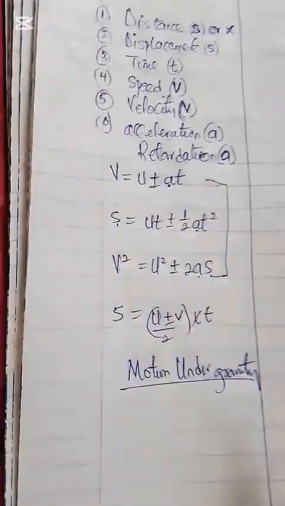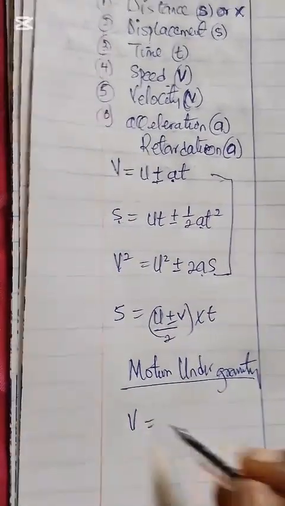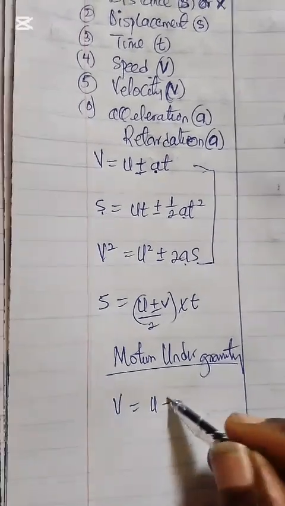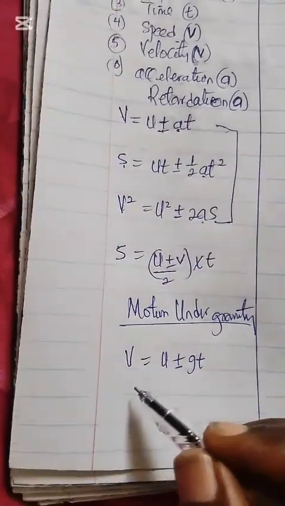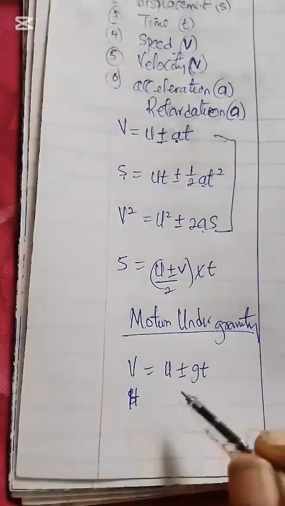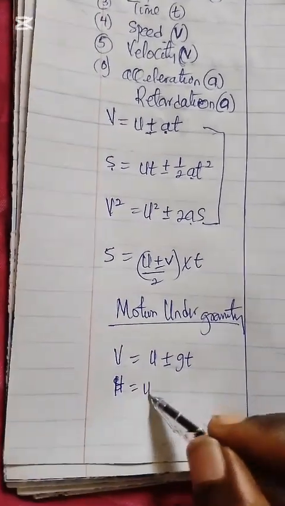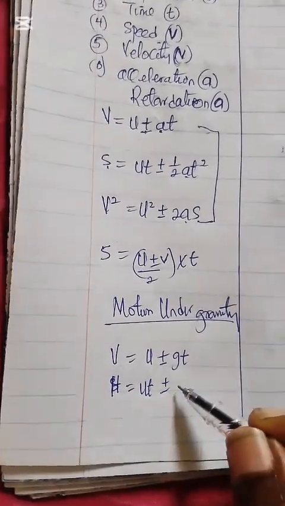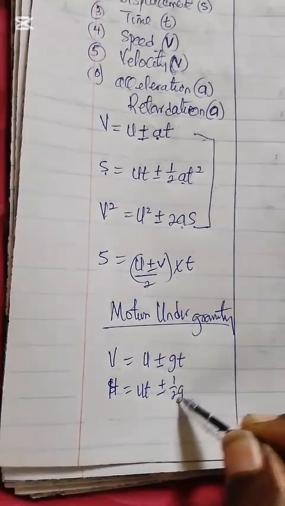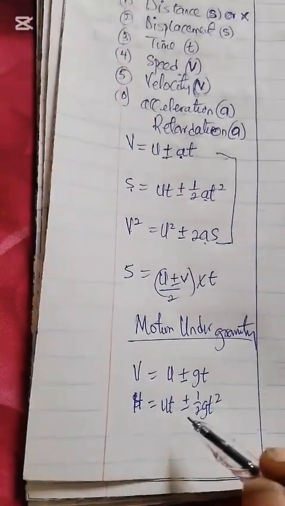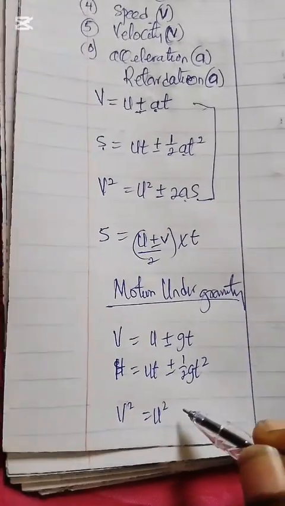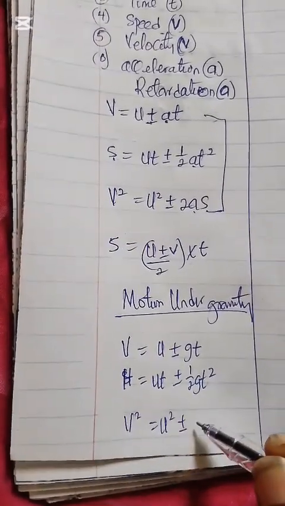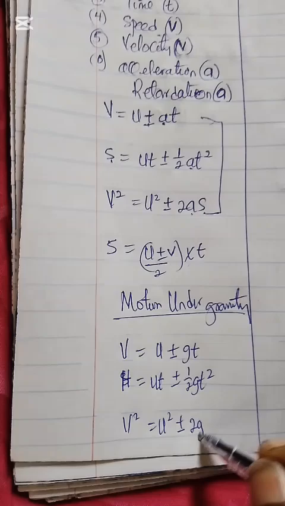So this equation will become v equal to u plus or minus gt. The second becomes h equal to ut plus or minus 1 over 2 gt squared. The other one becomes v squared equal to u squared plus or minus 2gh.